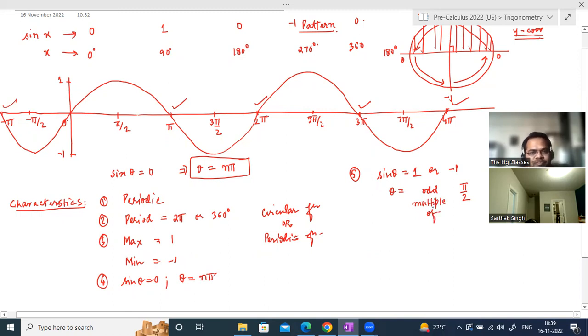It could be 1 or it could be minus 1. So at pi by 2 it is 1, at the next odd multiple, 3 pi by 2, it is minus 1, at 5 pi by 2 it is positive, and then it is negative. And sixth, it passes through the origin.